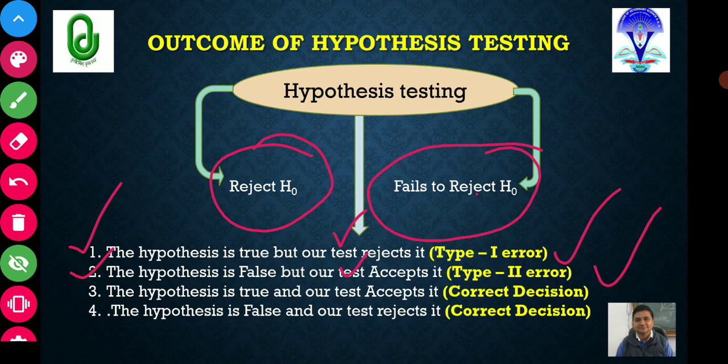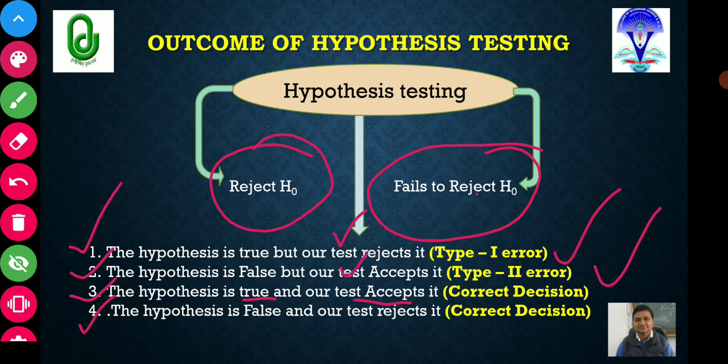Now, another two possibilities are there. The hypothesis is true and our test accepts it. That means the true hypothesis is being accepted, which is a correct decision. That means our test is correct. We have correctly decided to accept the true hypothesis.